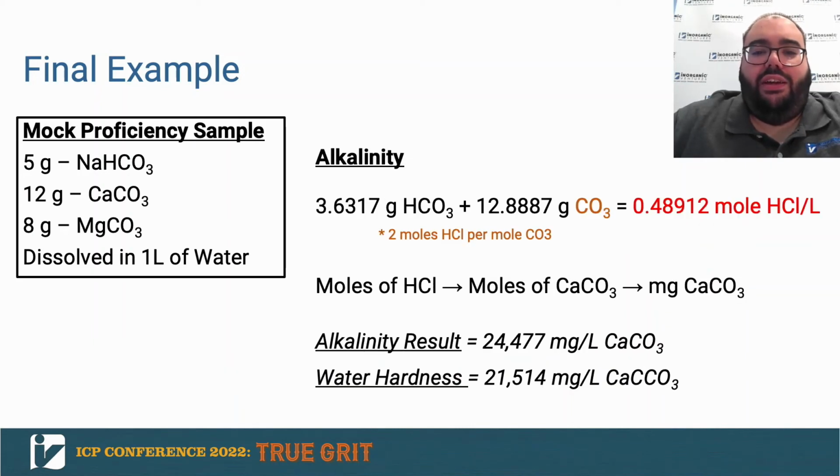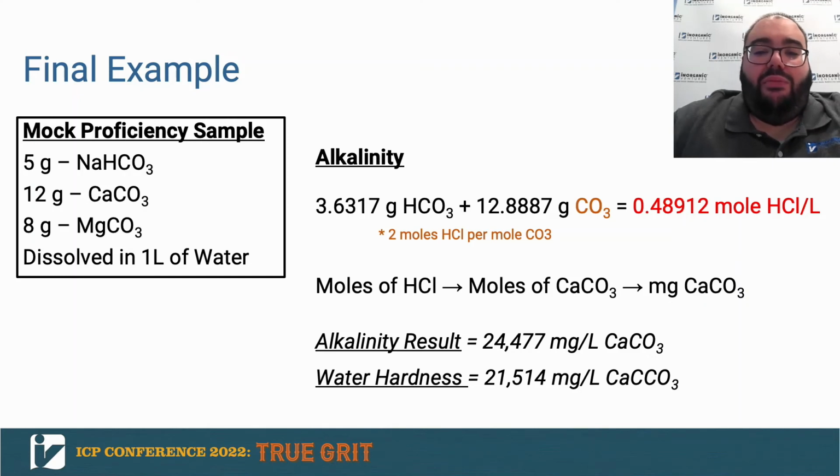Now let's take a look at the alkalinity calculation for what we would expect to find. For this, we take the math from the last slide, where we converted everything to figure out the amounts of sodium, calcium, and magnesium, and then take the remainder and use that to calculate the grams of bicarbonate and carbonate. If we do that calculation, we can figure out the number of moles of HCl we would need to react with that.